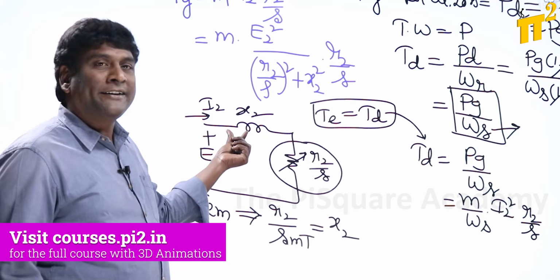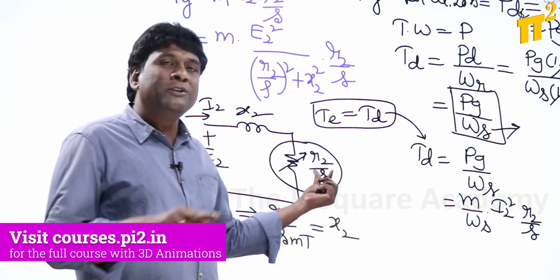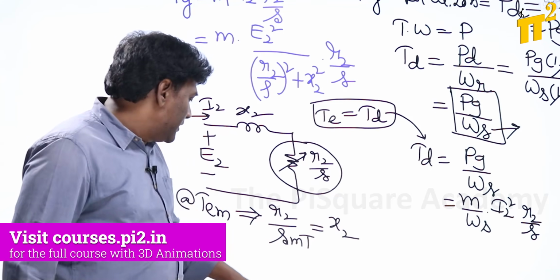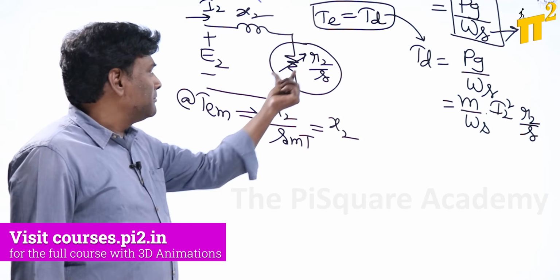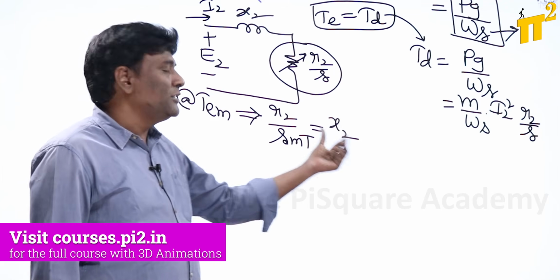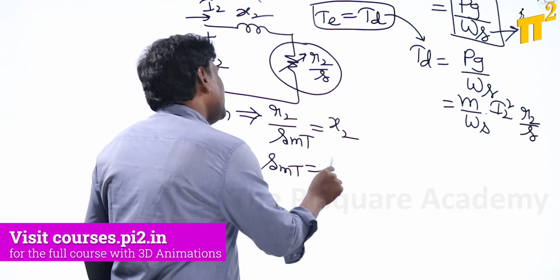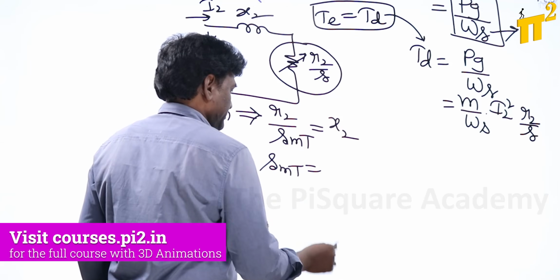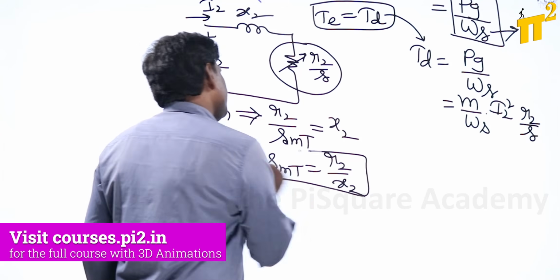Rotor reactance is a constant value, rotor resistance is a constant value, but slip is going to be the variable. At TEM, the magnitude of R2 by SMT is going to be X2, or I can rewrite this as SMT equal to R2 by X2.